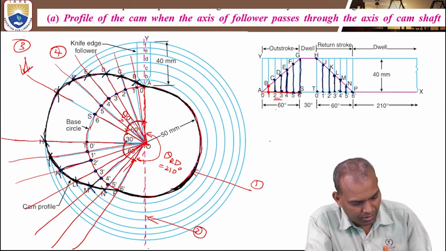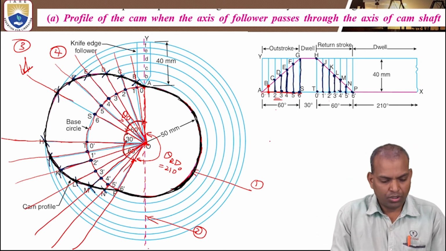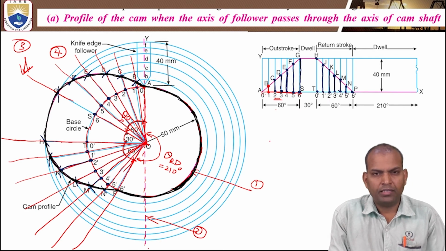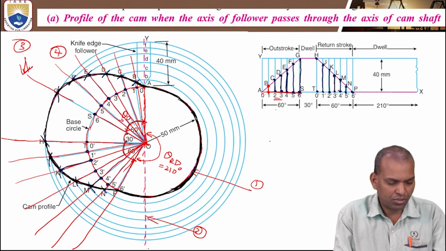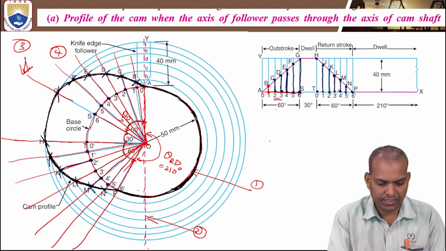Okay, this is the curve, the cam profile of the cam. So this is only the profile of a cam when the axis of the follower is passing through the axis of the cam. Alright, that's what we have studied here.